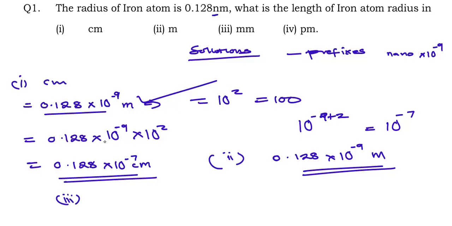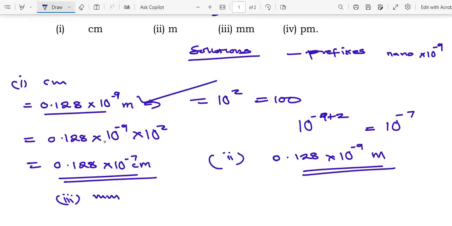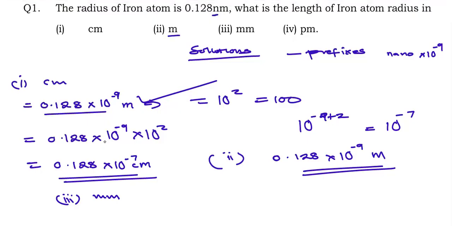To convert to millimeters, our first step is to convert to meters, and after we convert to meters, we convert to centimeters, because millimeters are smaller units than centimeters. So I'm going to convert now to centimeters.